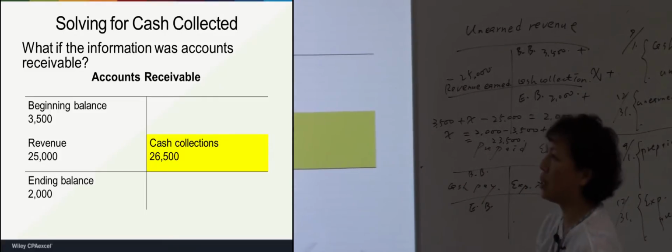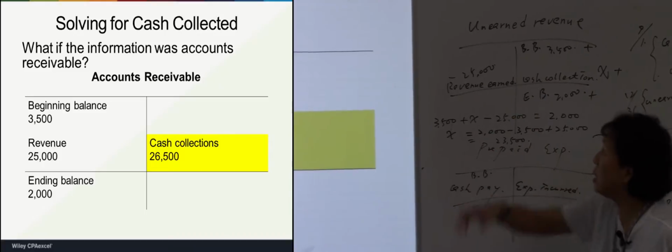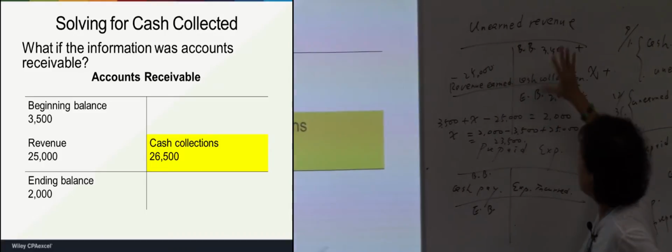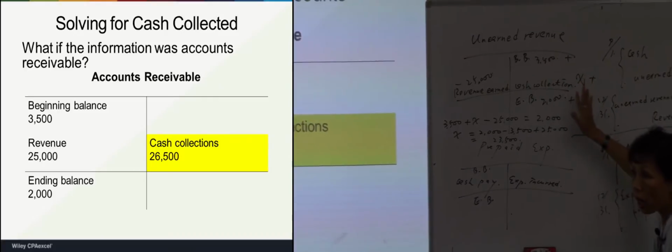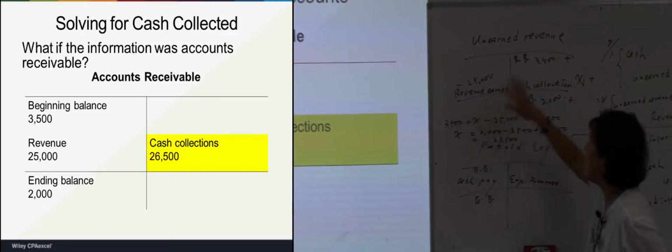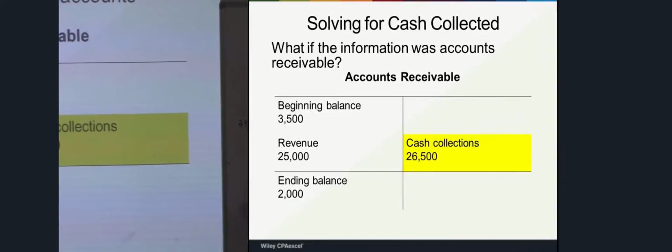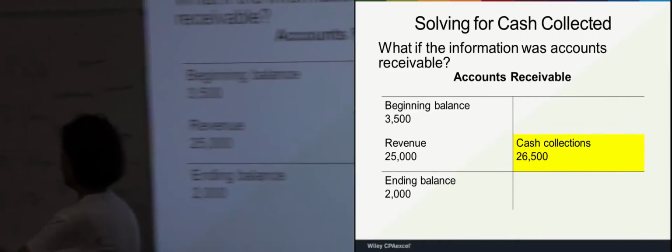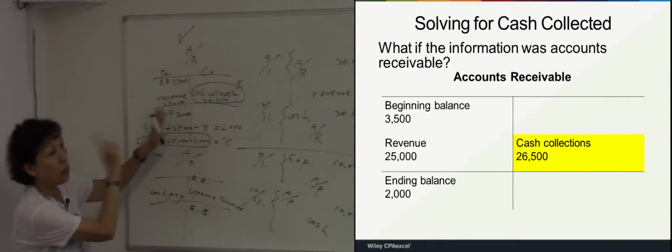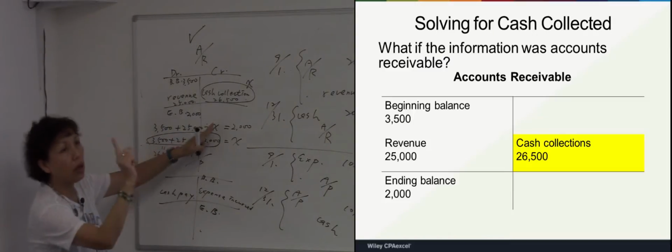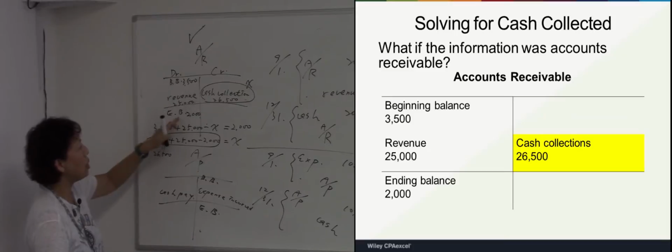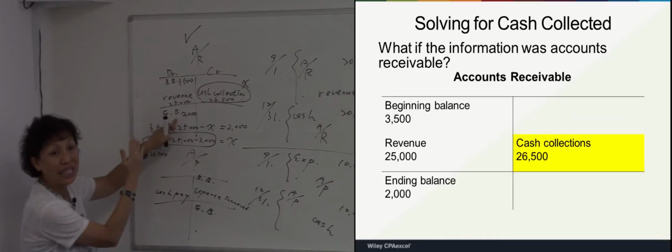The only difference is, if the question tells you unearned revenue, then the beginning balance and ending balance should be shown on the credit side, revenue earned is in debit, and cash collection is in credit. If the question tells you accounts receivable, revenue is still in debit and cash collection is still in credit. The only difference is the beginning balance and ending balance should appear in the debit.